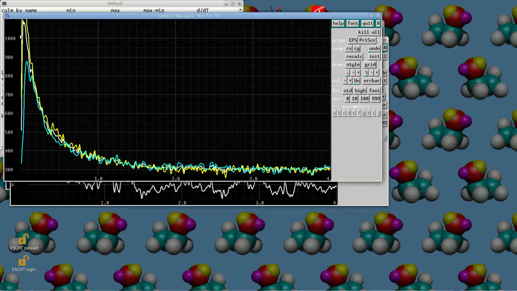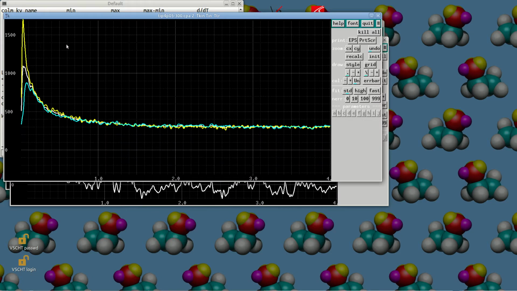So the initial temperature went up. This yellow one is the translational temperature too. No, sorry, it's a rotational temperature. So yes, it's a rotational one. So we went up to quite a high temperature, but then it cooled down by using the thermostat.